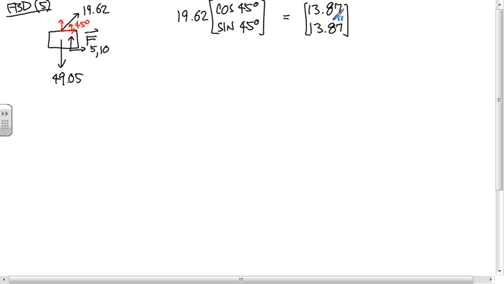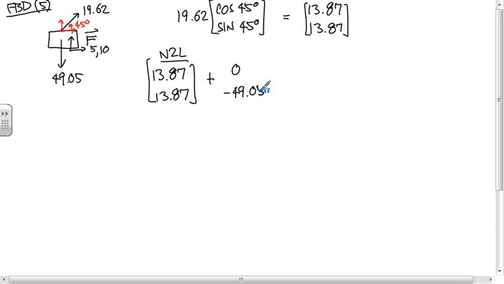Okay, so Newton's second law says 13.87 plus 0, negative 49.05 plus F on 5 by 10, X and Y components, is equal to zeros.